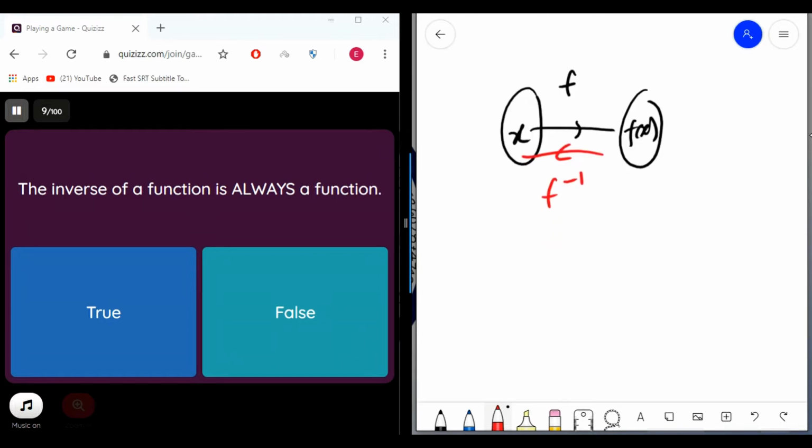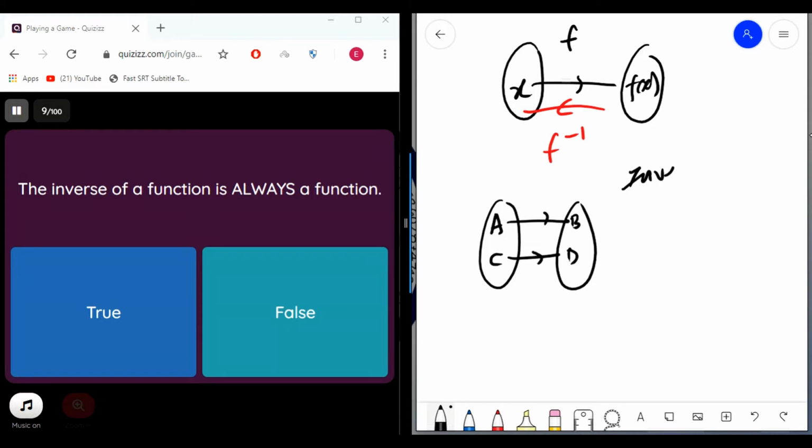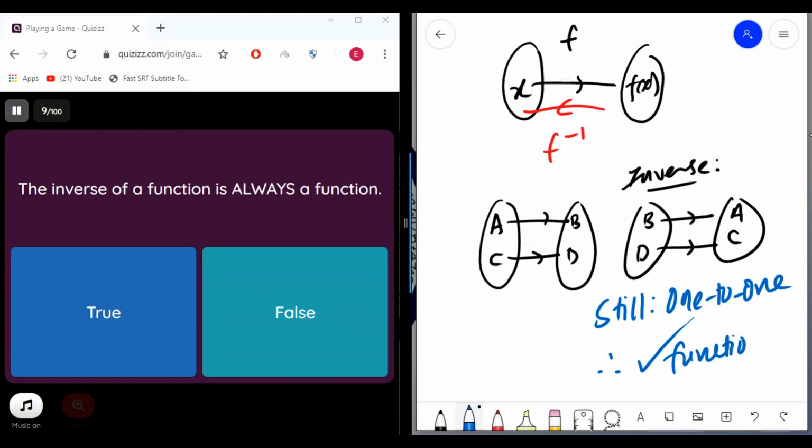I will draw a one-to-one function for you. For example, A will map onto B and C will map onto D. Then the inverse of it will be B maps to A and D maps to C. This is still a one-to-one relation. Therefore, this is a function.